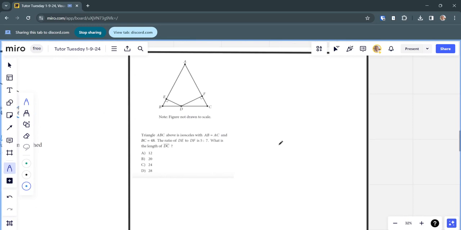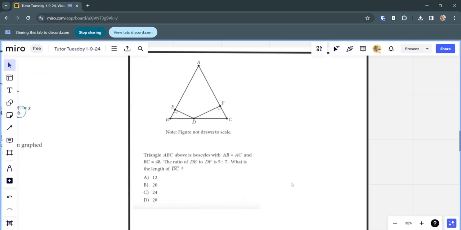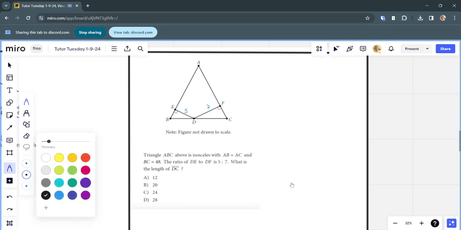Another one from Little Baby. Triangle ABC above is isosceles with AB equal to AC and BC equal to 48. The ratio DE to DF is 5 to 7. 5 here, 7 here. What is the length of DC? Okay, well, we know what BC is.